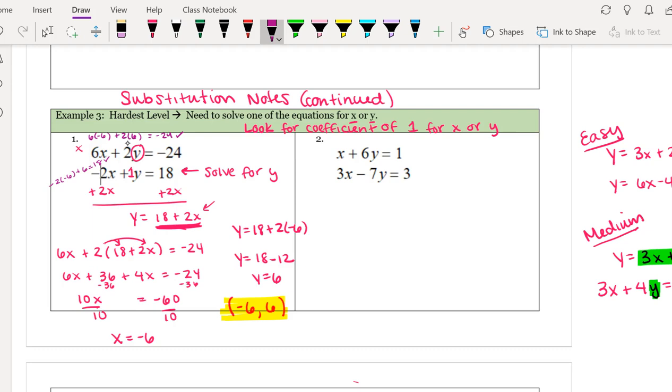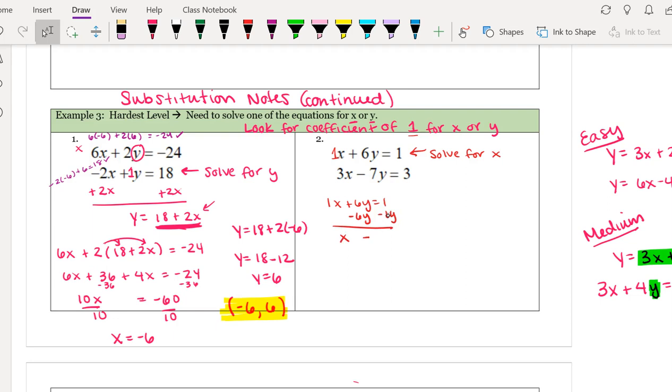Okay? So in number 2, if you look, where is there a coefficient of 1? Well, here we go, right here in front of this x. So we're going to take this equation and we're going to solve for x. So I'm going to take 1x plus 6y is equal to 1, and subtract 6y from both sides.